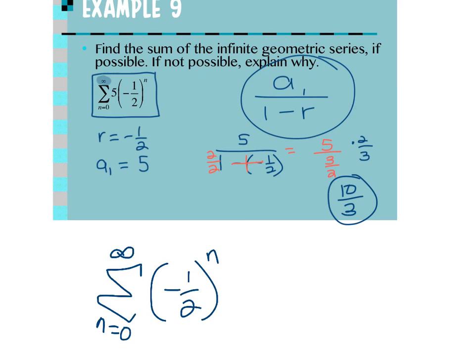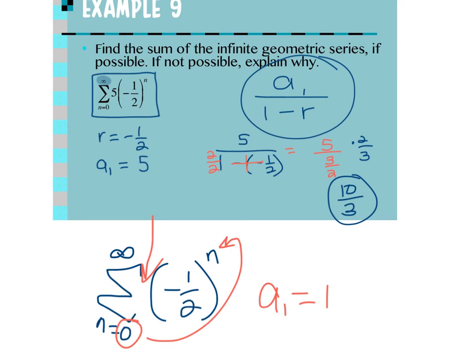If there is not a number that is being raised to a power, then my a sub 1 is 1. So just be careful. The one that is being raised to the power is the r. The one that is not is the a. If you think about it, if I took 0 and plugged it in to be the first term, I'd get negative 1/2 to the 0 power, and anything to the 0 is 1, right? That would have been my first term.